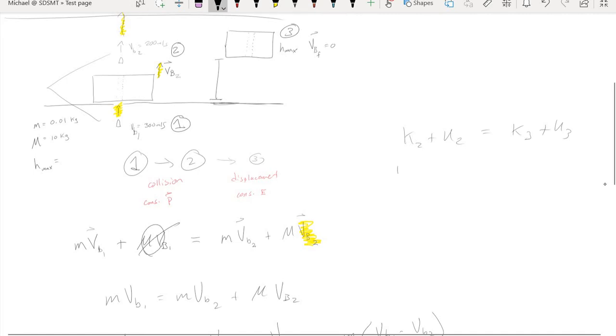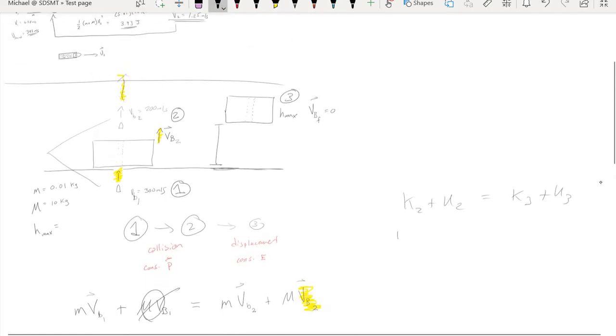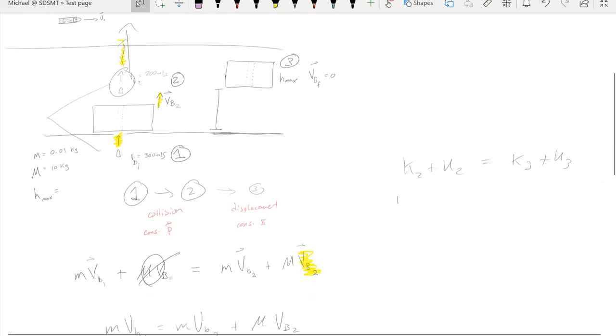At site 2, keep in mind that we're only interested in what the block is doing. The bullet is gone. We're just interested in what's going to get the block to its maximum height, and that is going to be the mass and velocity of the bullet.